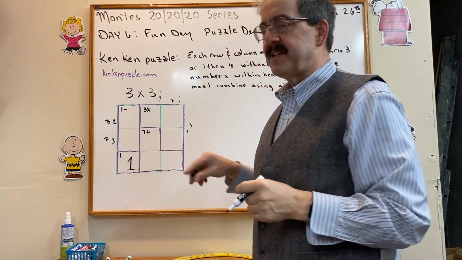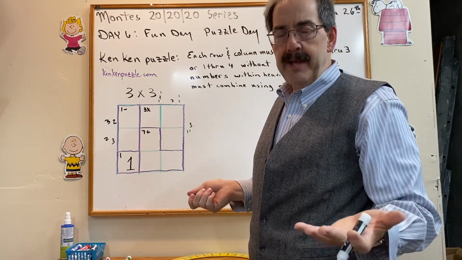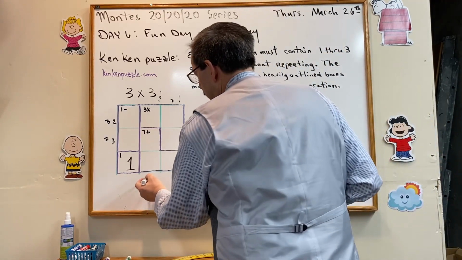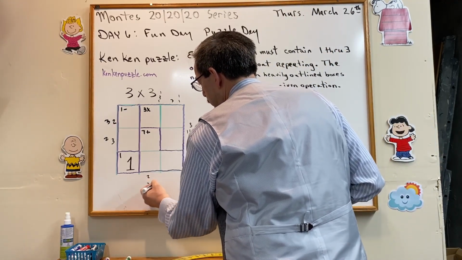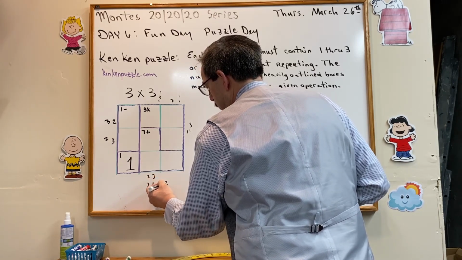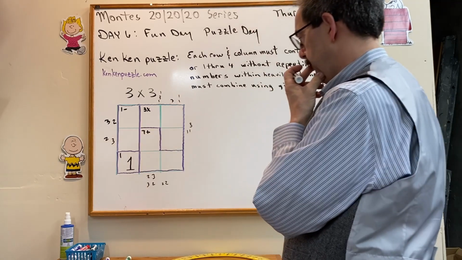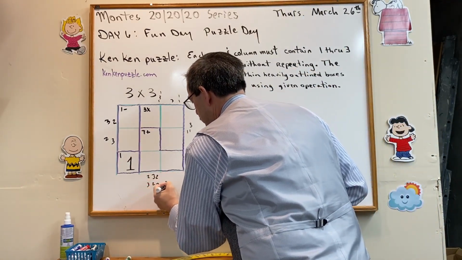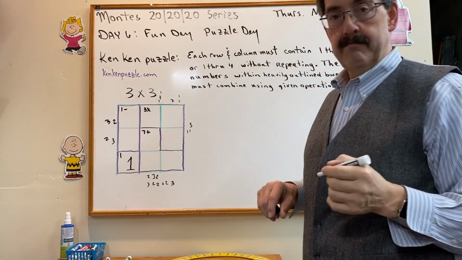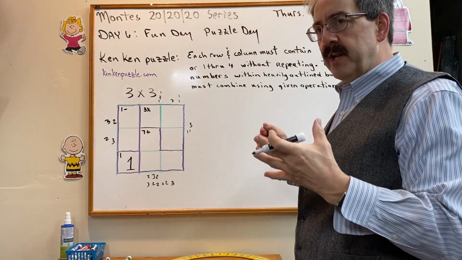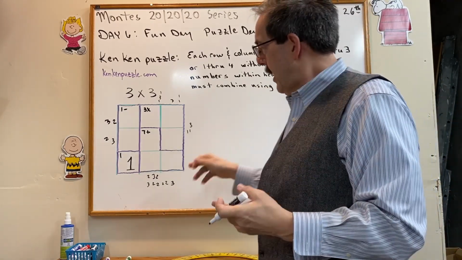Things that add to 7. Well, the only way you can get to 7 with 3s and 2s and 1s would be 2, 3, 2, or 3, 2, 2, or 2, 2, 3.